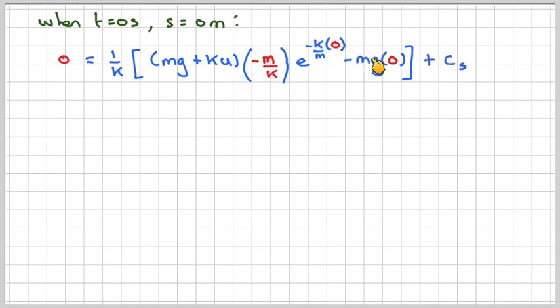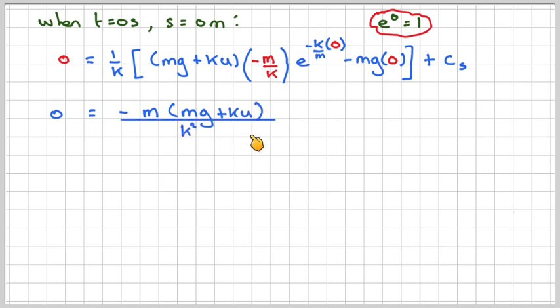That's good, because minus k over m times 0 will be 0, so e to the 0 is actually equal to 1, and minus mg times 0 is 0. So all we're going to be left with is this bit here. So we're going to have that 0 is equal to minus m(mg + ku) over k squared, plus our constant. Therefore, our constant will be the positive part of this, m(mg + ku) over k squared.